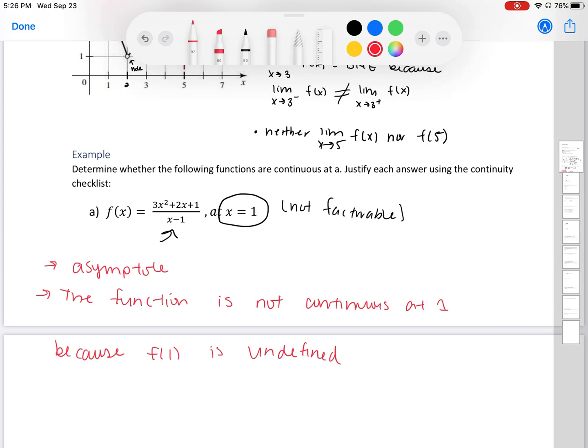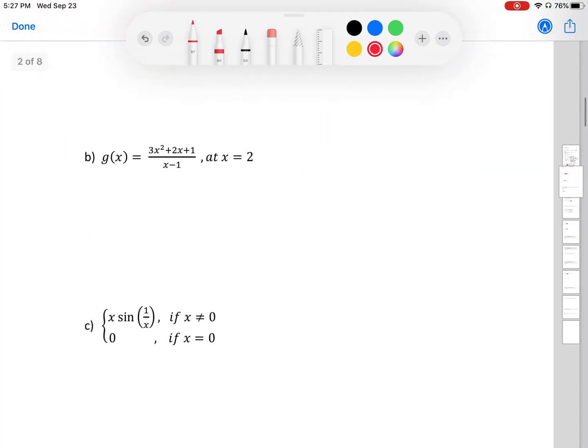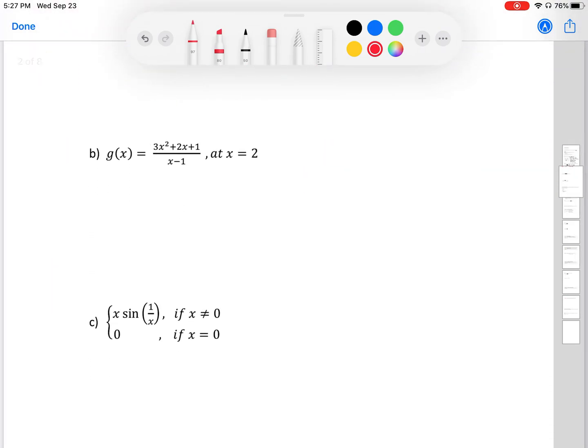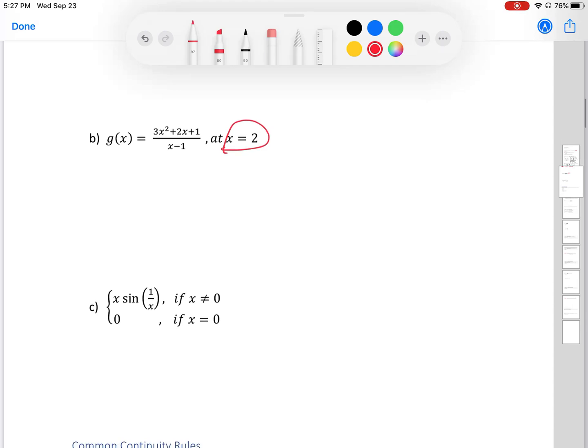Let's go on to our next example, B. We have g of x equals 3x squared plus 2x plus 1 divided by x minus 1, and I want to see if it's continuous at x equals 2. Well, it doesn't give us a problem in the denominator. I can plug in 2 for the denominator, and we don't get an undefined value. It won't give us an asymptote. So we can just go ahead and plug it in. 3 times 2 squared plus 2 times 2 plus 1, divided by 2 minus 1.